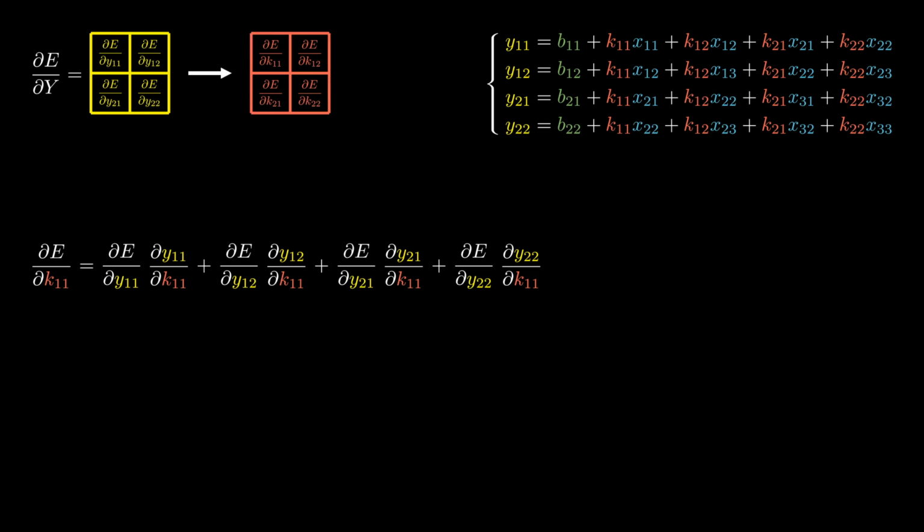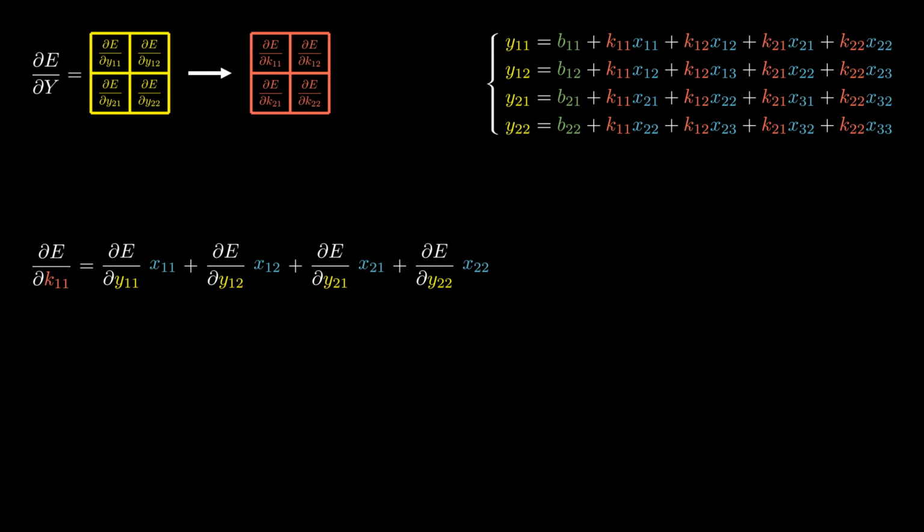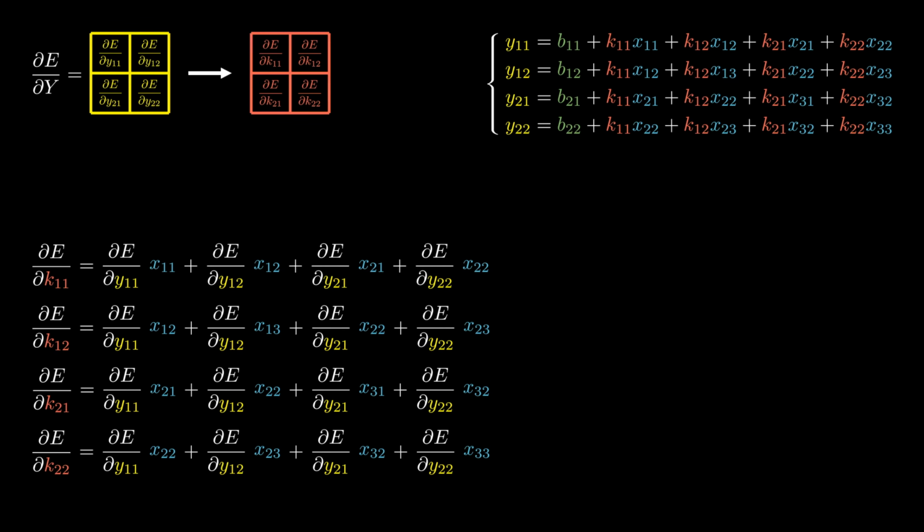Looking at the forward propagation equations, you see that k11 appears inside every equation. The derivatives we are looking for are simply the factors multiplying k11 in each equation. If we do this for all the other elements of the kernel, we get this.